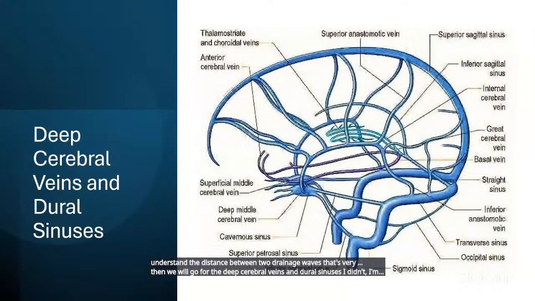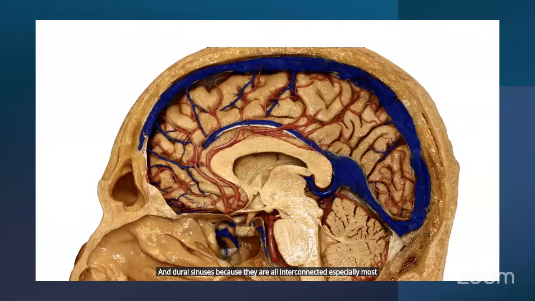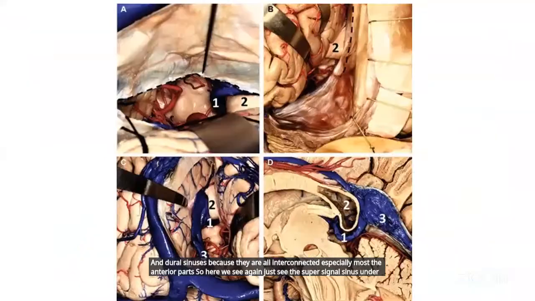I'm not differentiating deep cerebral veins and dural sinuses because they are all interconnected, especially in most of the anterior parts. So here we see again the superior sagittal sinus and the deep cerebral veins. But if we go deeper, let's see here on the bottom right, which is the D section.